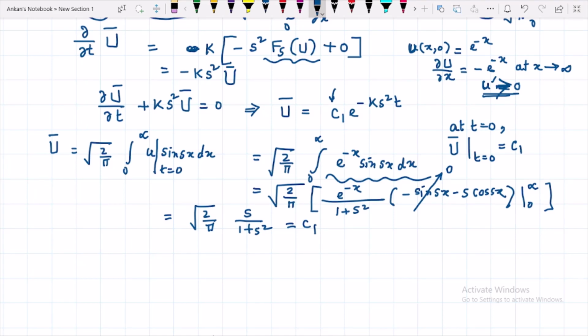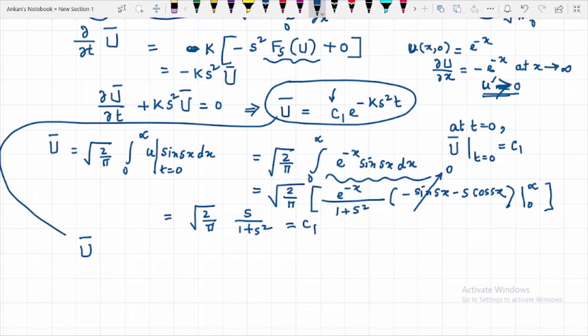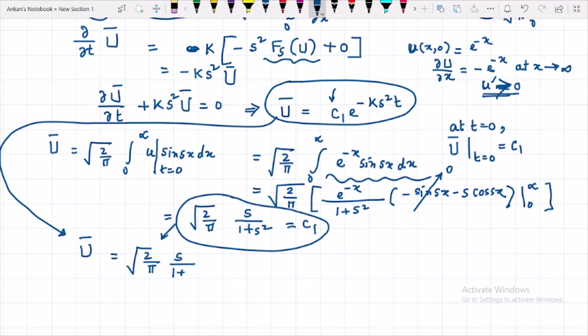So u bar, by applying the value of c1, is root 2 by pi s by 1 plus s square e to the power minus k s square t.